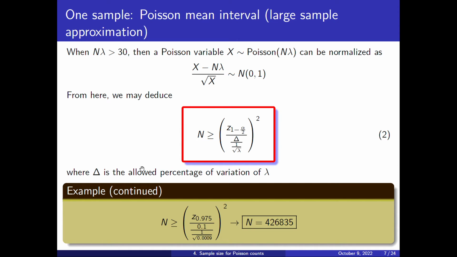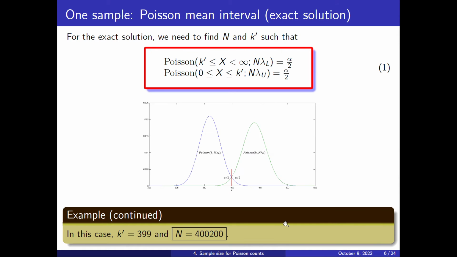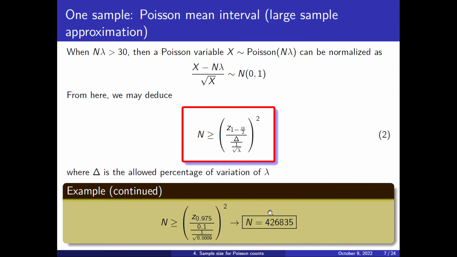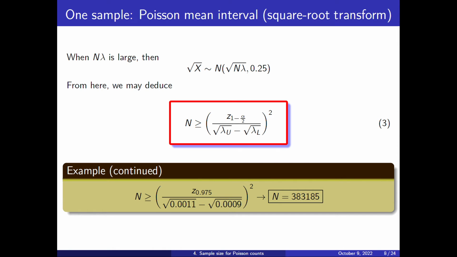So here delta, remind, is the allowed percentage of variation of lambda. So we see that it is not exactly the same number that we had before, it is a little bit larger, but it is in the same order of magnitude. So it is, I don't know, 2-3% of difference.